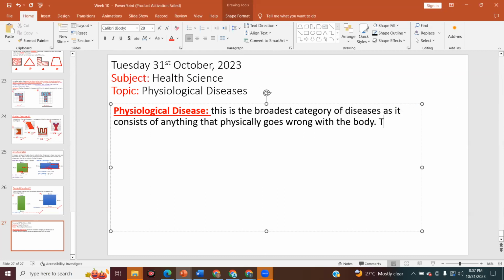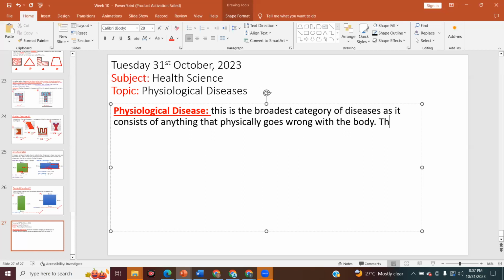So as you know, organs and stuff have different functions, right? So the main function of the eye is to help us see. The main function of the stomach is to help us to digest food. But what happens when there is disease? Or what happens when there is a malfunction?